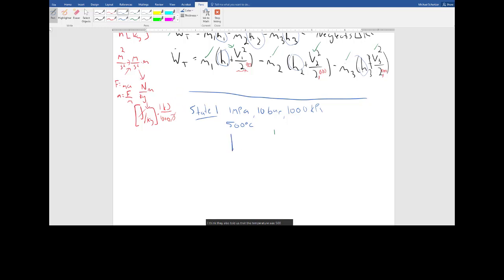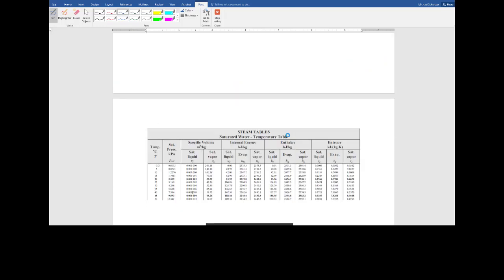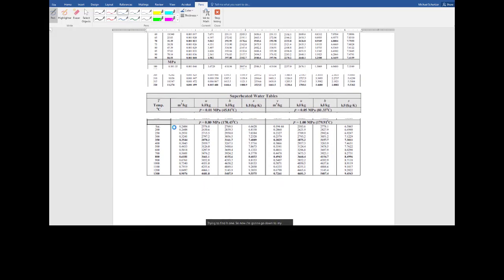I'm trying to find H1. So now I'm going to go down to my tables. Same tables. Remember before I said, here's 1 megapascal, here's 500 degrees. It's 2 below the bold one. I took this value last time for the specific volume. But now, instead of doing specific internal energy like I would have done in a closed system problem, I'm interested in the specific enthalpy, which is 3478.5.